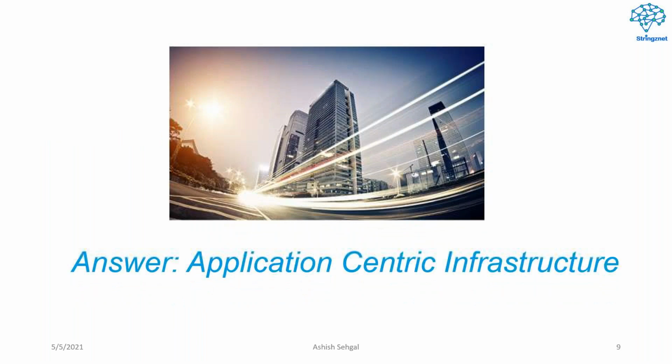What is ACI? ACI is nothing but Cisco's version of software-defined networking. ACI stands for application-centric infrastructure. ACI is a way of configuring the network, not on a device basis, but with the help of one single point, which is called the controller.